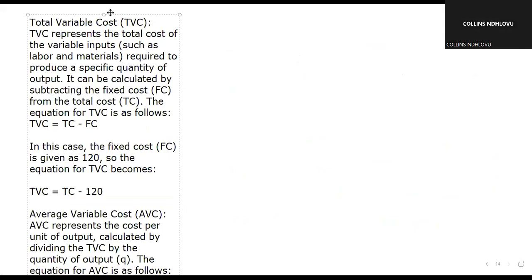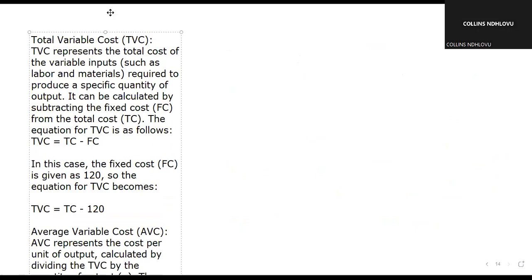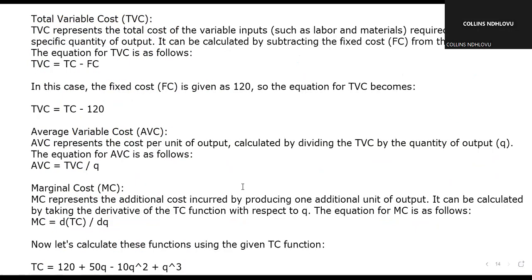Just a quick recap. Total variable cost is simply the inputs such as labor that are required to produce a specific output. So it is the other part of the total cost, the part that has letters.